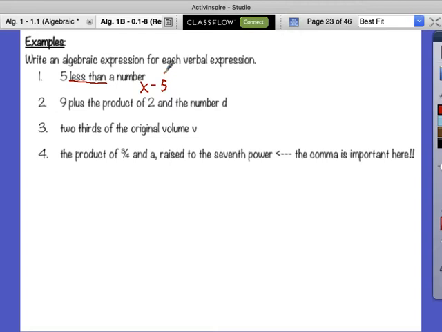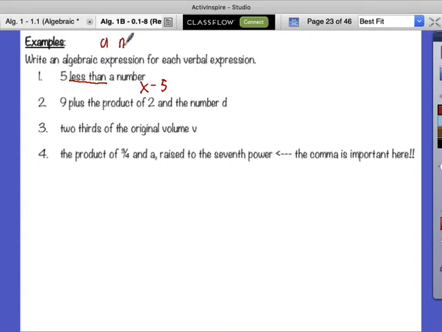Now, Lainey also did another good thing here, where when we have a number, she just put X. It doesn't say what that number is. It's not saying it's 5, 10, or 16. It's just saying any number. So we don't know it, so we call it a variable. Good job. So whenever you see a number, that means a variable. You guys might even want to write that up here.